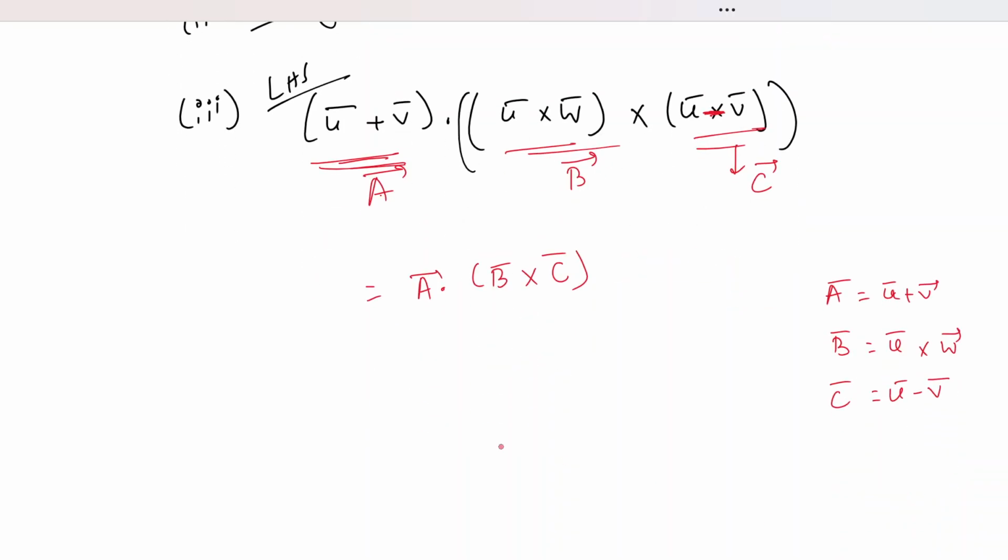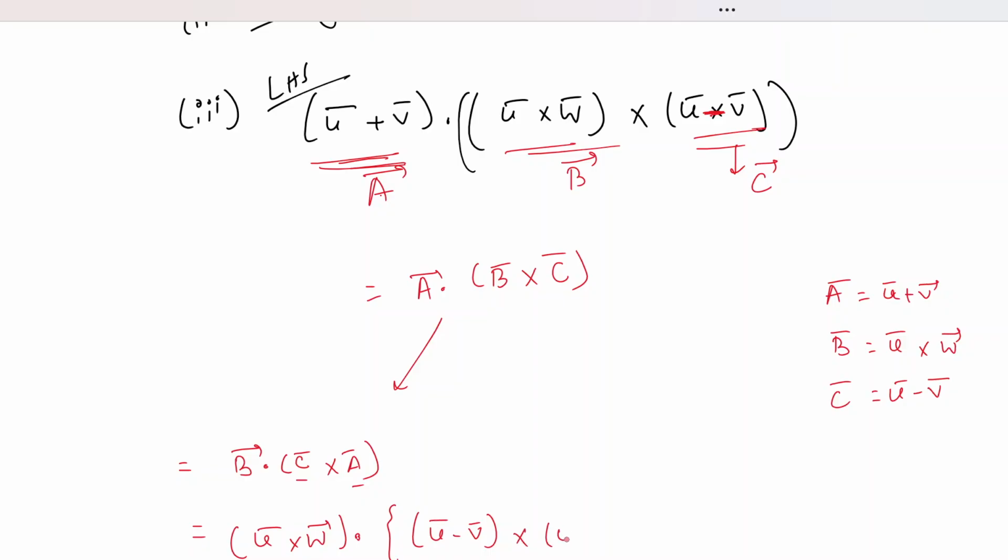Now once you know the rule, you can directly have that this is equal to b dot c cross a from the vector identity. Then b expression is this, and c and a put their expression. This is basically u minus v vector cross u plus v vector.